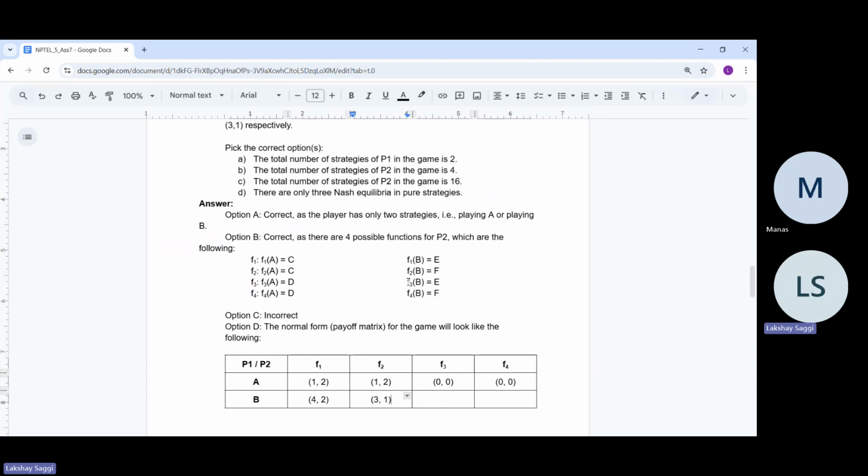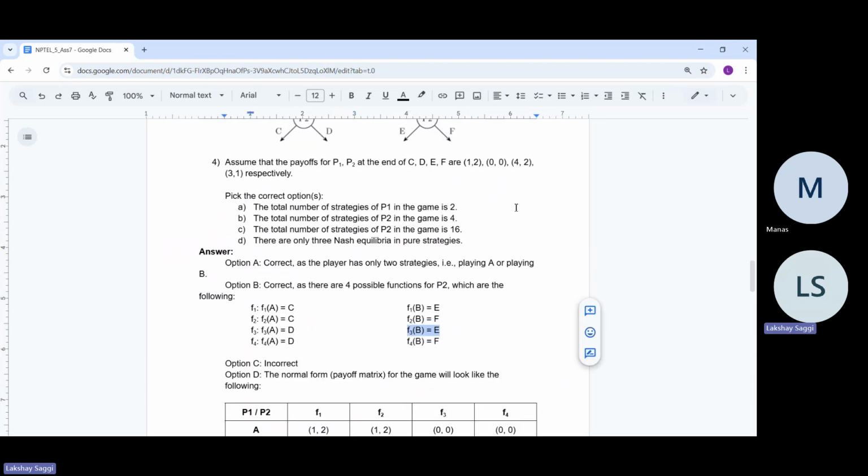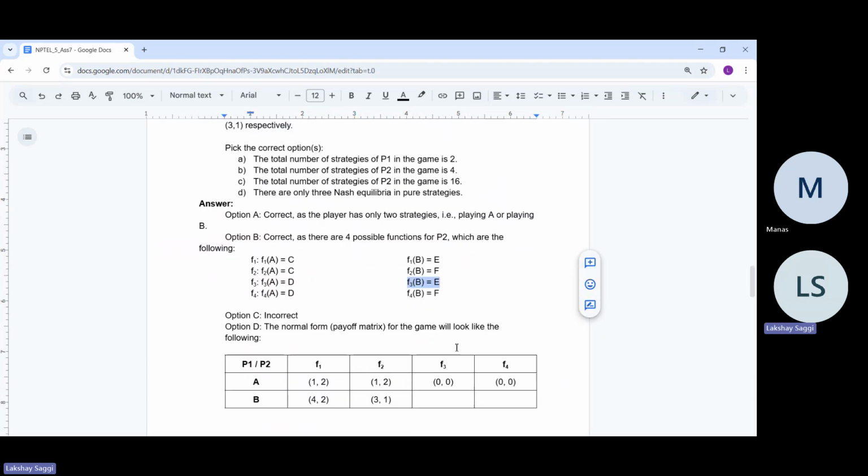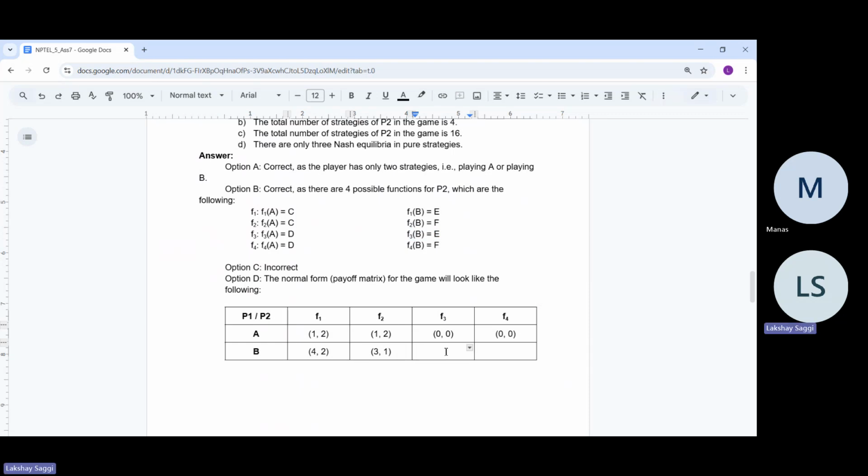And then F3 of B is again E, and in E, the payoff was indeed 4, comma 2. And in the last, it will again be 3, comma 1. Okay, so this is the normal form of the game.